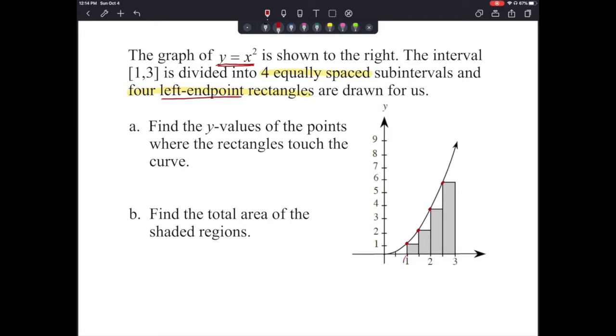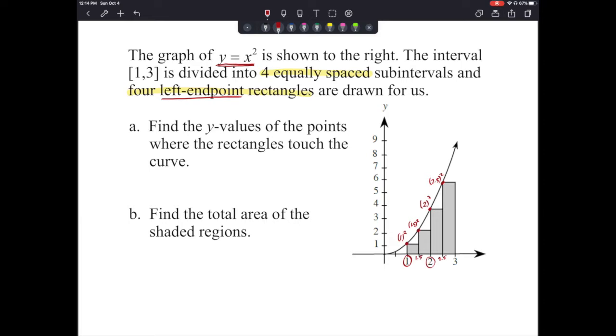Well, our input right here is going to be 1, so this would be the same thing as 1 squared. Our input here is 1.5, so we'll be doing 1.5 squared. The next input is 2, so this would be 2 squared. And then we have an input at 2.5. When we calculate each of those, that tells us the height of each of those rectangles.